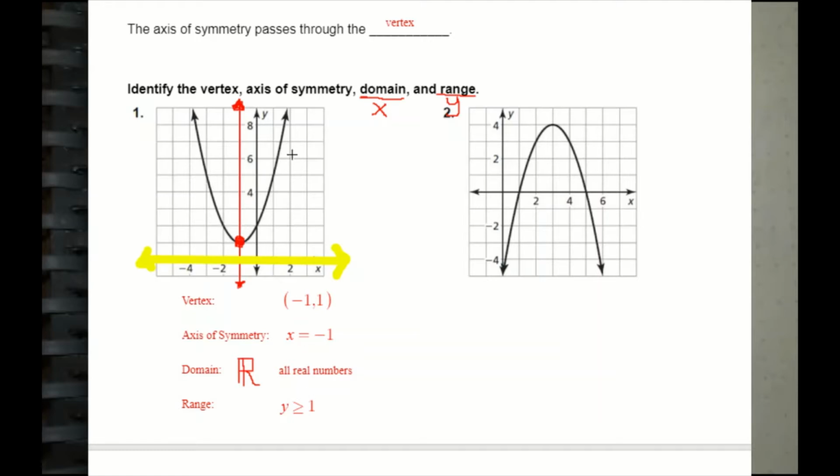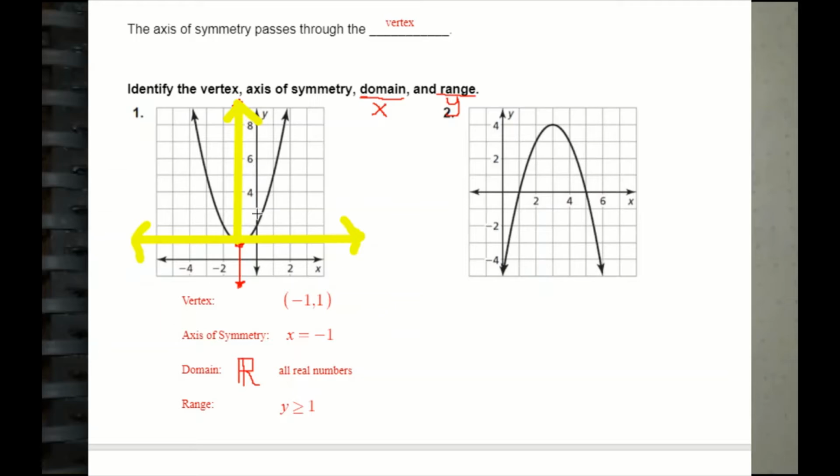But as far as the y values are concerned, they are restricted, okay? So they cannot be below this line right here. There's no y values below this line, and that's why we're saying the range is greater than or equal to 1, because it's basically everything above 1, right? So the range here is going to be everything that goes above 1.